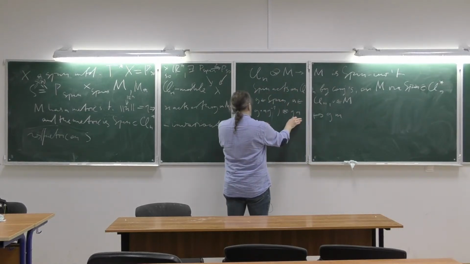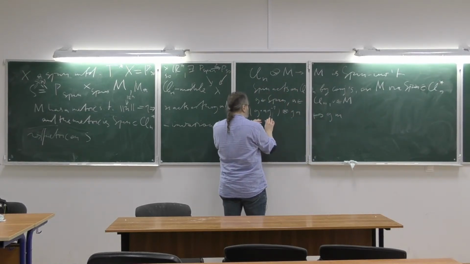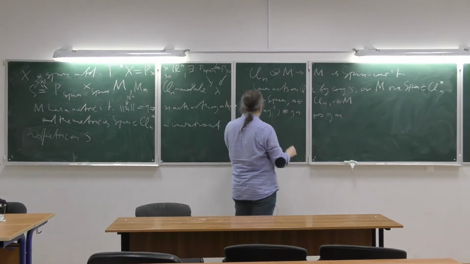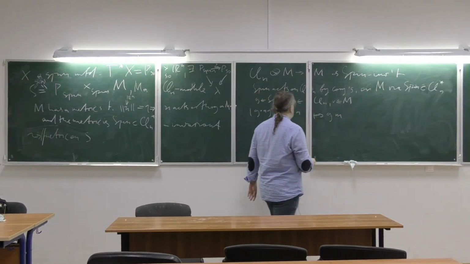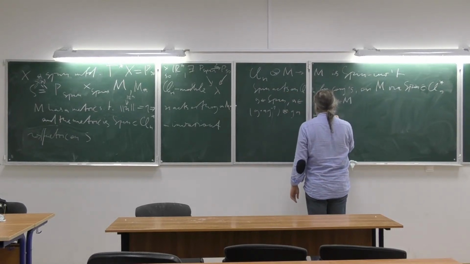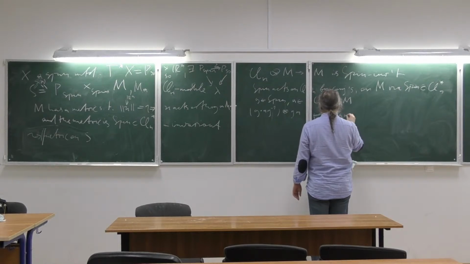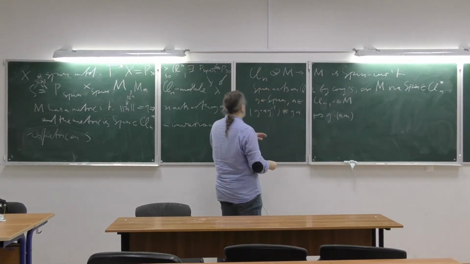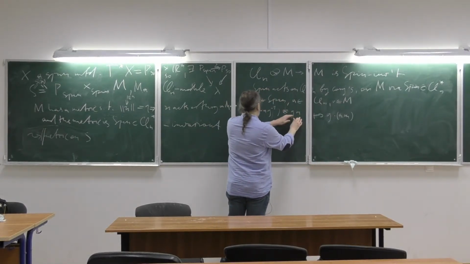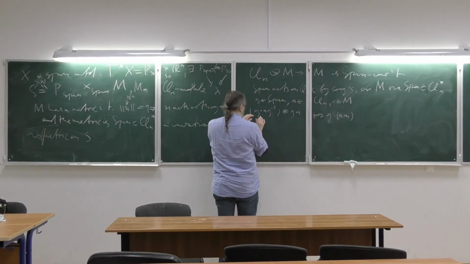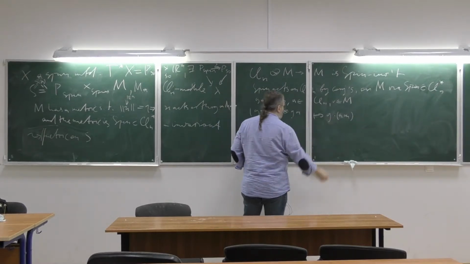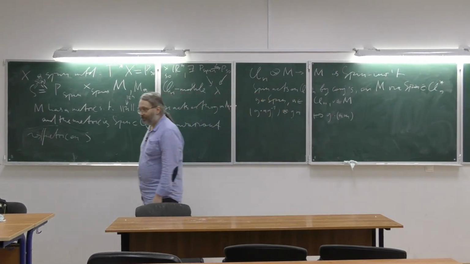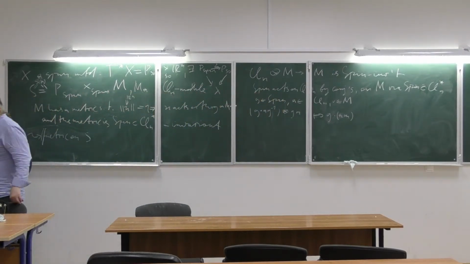So if I take this element of M and act on it using this element, I get this result, which is another way of saying that the multiplication is invariant.